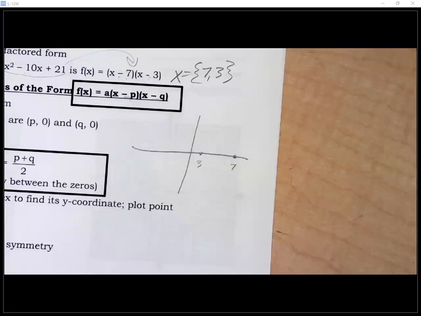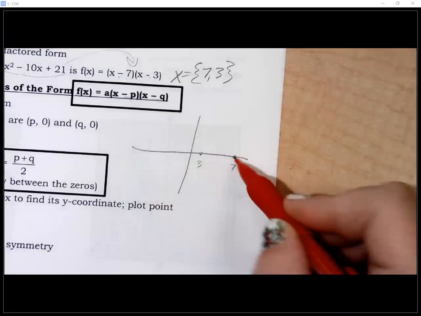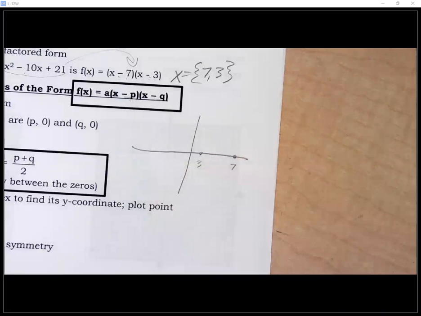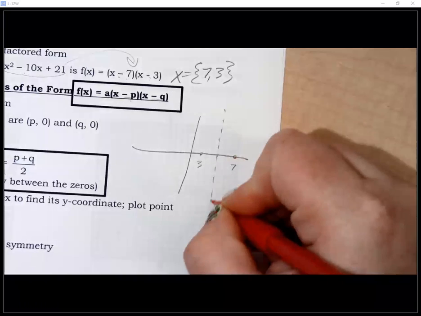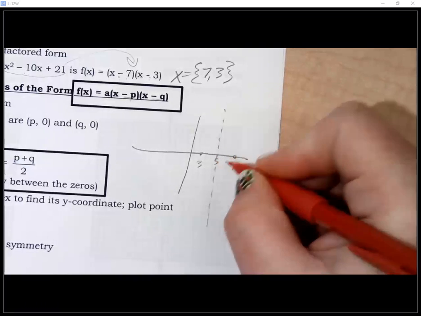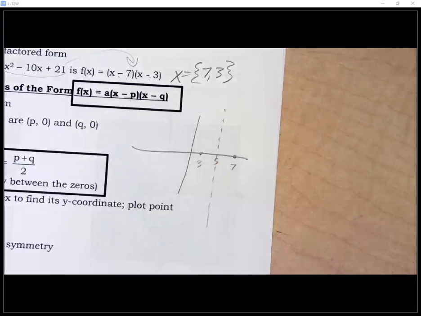Evan, go ahead. X value of 5. Exactly. The x coordinate would have to be 5. Wouldn't the vertex have to happen halfway in between the two intercepts? I don't know where, but somewhere along this line of x equal to 5, right? So now I at least know the x coordinate of my vertex is going to be 5 comma something. And then I can just take that 5, pop it in and see what the y value is.